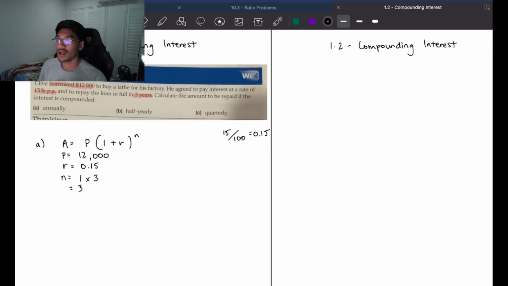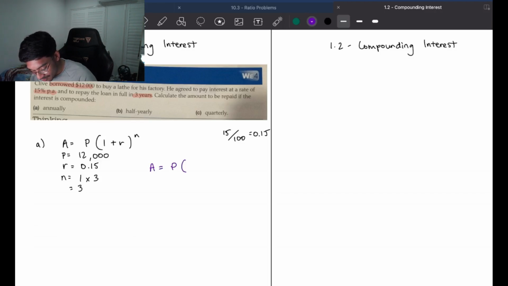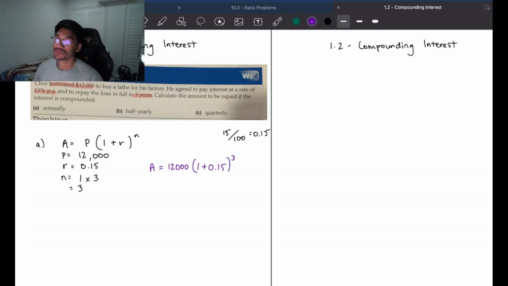Now that I know everything, I can pop it into the formula. I'm going to do it on the right hand side to save space. Instead of the letters I'll do the numbers. A is equal to 12,000 bracket 1 plus 0.15 close bracket to the power of 3. From here, just pop that in your calculator.